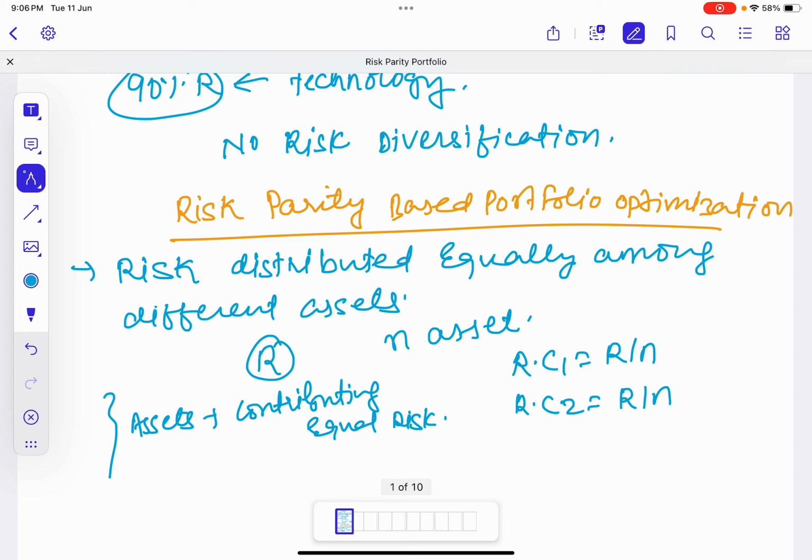When you add all the terms, you get the risk of the portfolio. What is the risk of the portfolio, by the way? As you know, the variance of the portfolio is W transpose times the variance covariance matrix times W, and therefore the risk is the square root of W transpose times the covariance matrix times W.